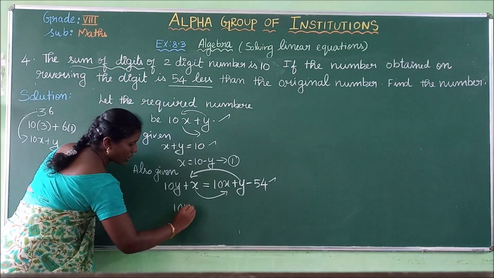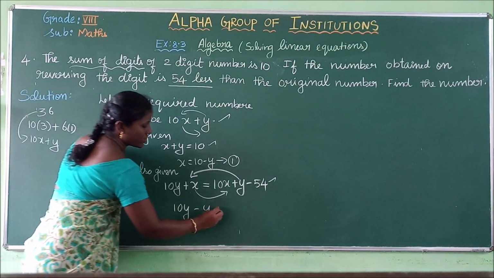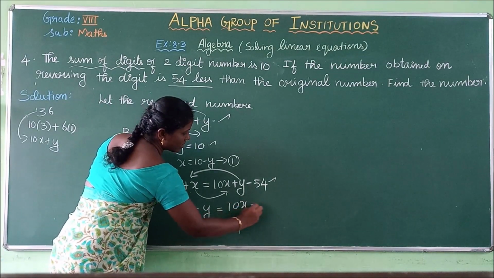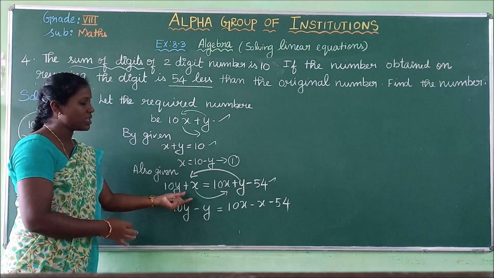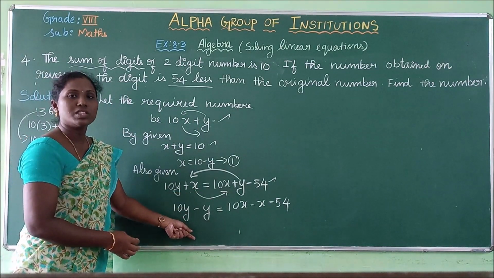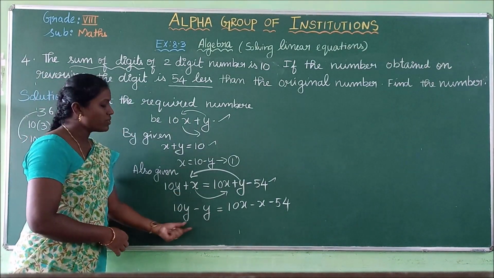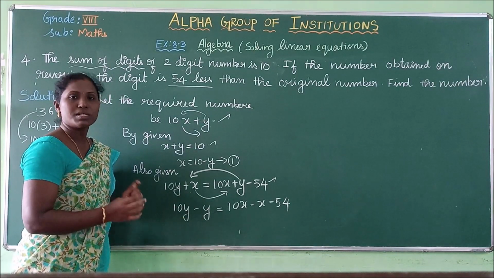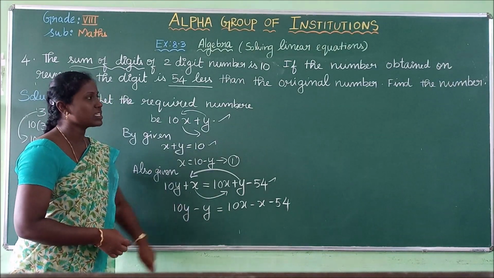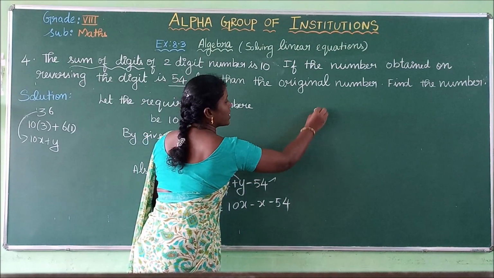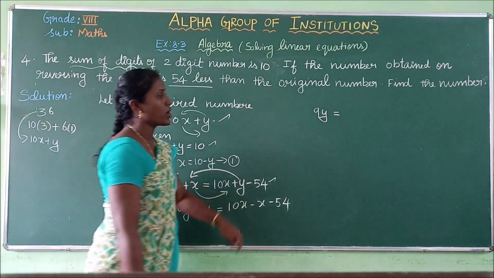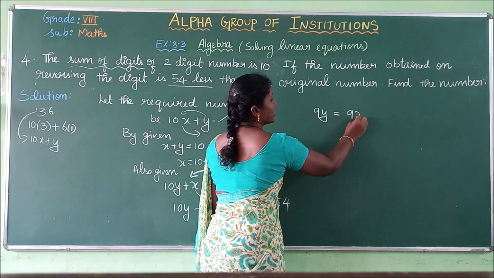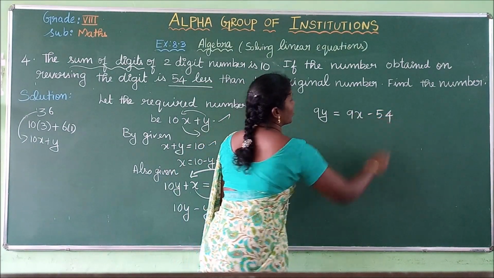So 10y minus y is equal to 10x minus x minus 54. Just grouping in the same equation. Just I am rearranging the like terms so that we can subtract or add the variables easily. What is 10y minus y? 10y minus y is 9y, equal to 10x minus 1x, which is 9x minus 54.